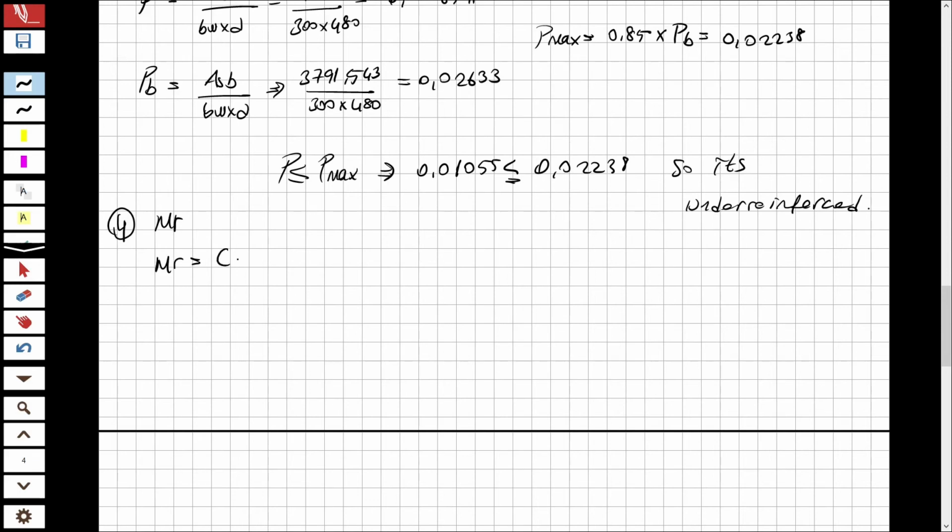MR is equal to CC multiplied by D minus A over 2. This is the point where the compression of the concrete acts. Okay, so plus CS multiplied by D minus D prime.